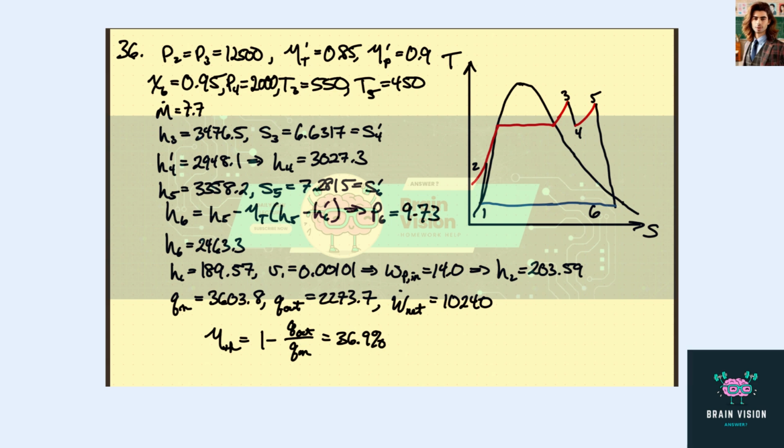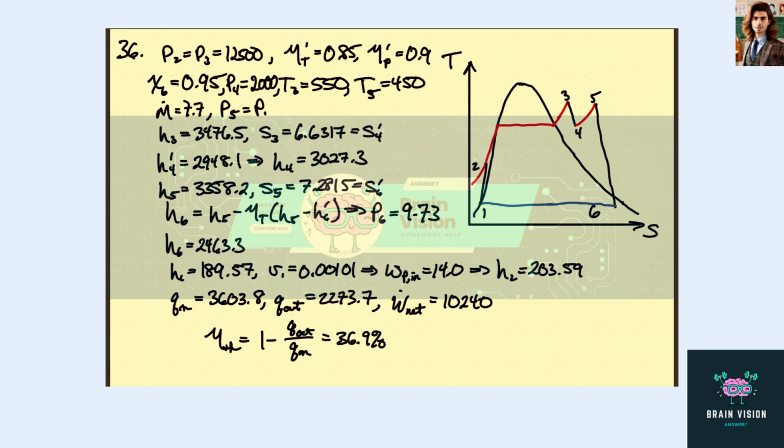So we have the isentropic entropy at 4 and the pressure at 4, so we can get the isentropic enthalpy at 4. Then we can use the efficiency of the turbine to get the actual enthalpy at 4. And now at 5, we have temperature and pressure.